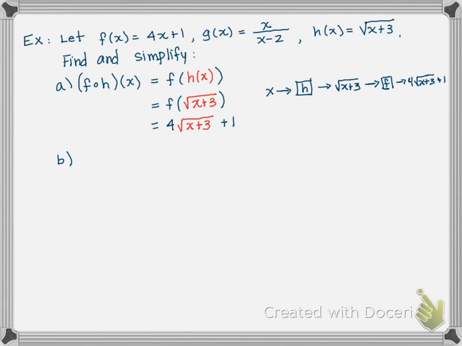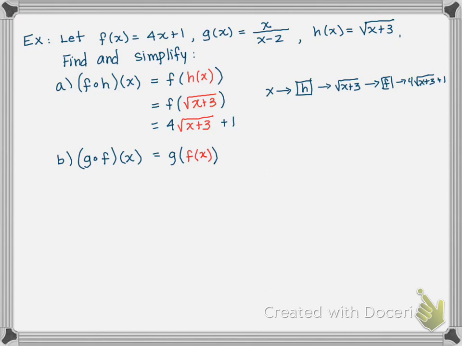So let's do g of f of x. Again, the first thing you want to do is write this as the composition of two functions. So this is g of f of x. We'll start by replacing f of x with 4x plus 1.